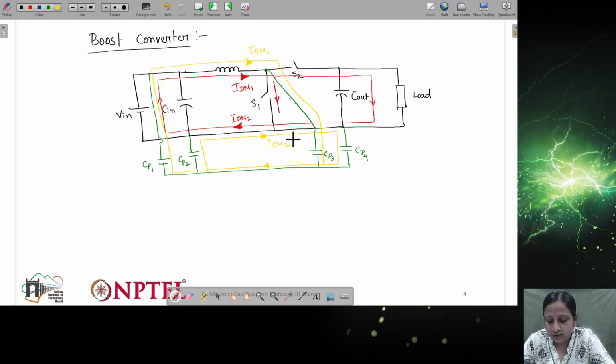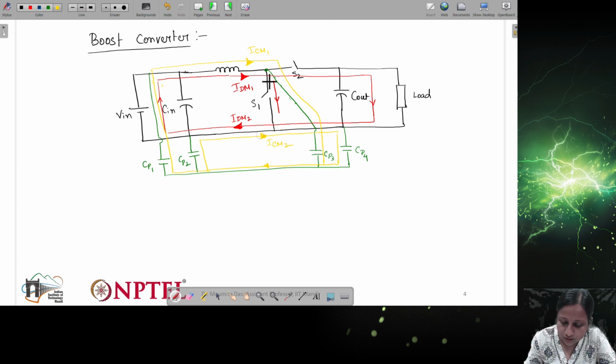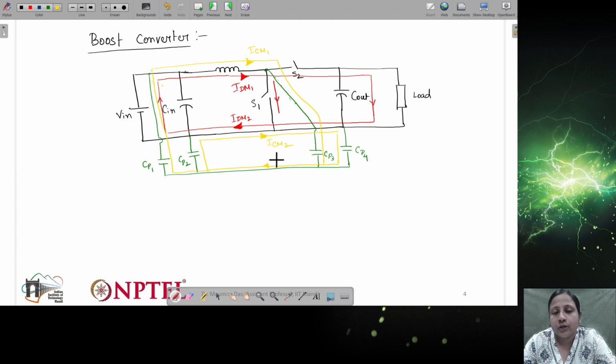So these two currents are in the same direction. So IDM1 and IDM2 you can check, and ICM1 and ICM2. This will be the path for the common mode and differential mode noises.